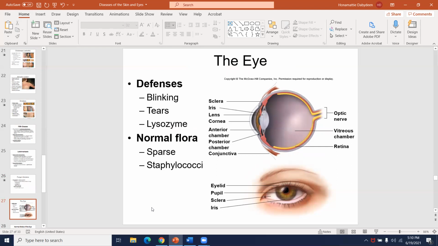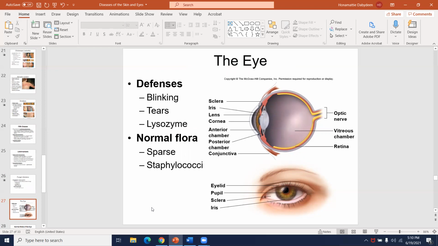You also have things like lysozymes and lactoferrin in tears. All these are protective material. Every one of them is protective against microorganisms. So tears happen to be a very good defense against microorganisms.